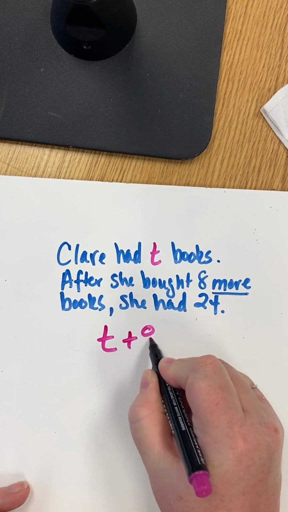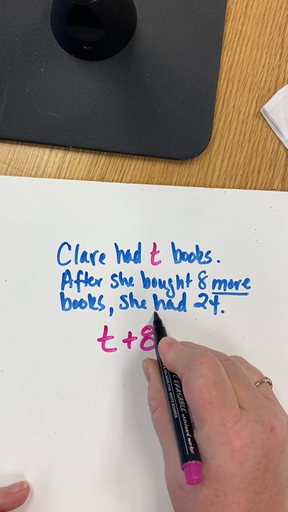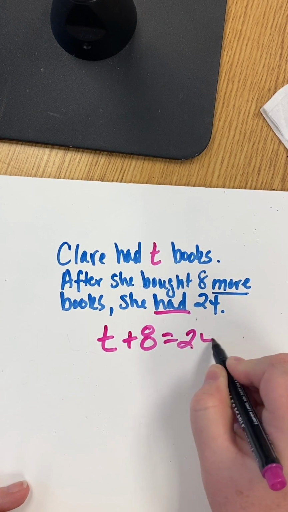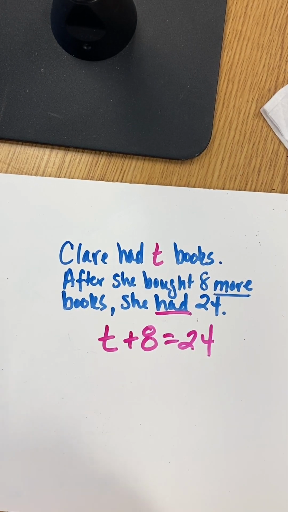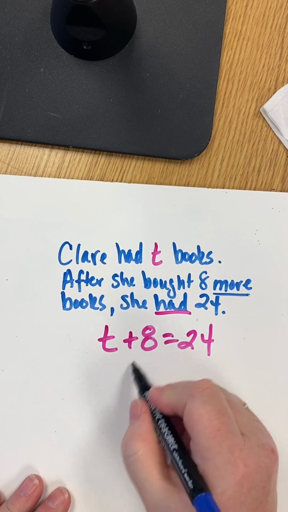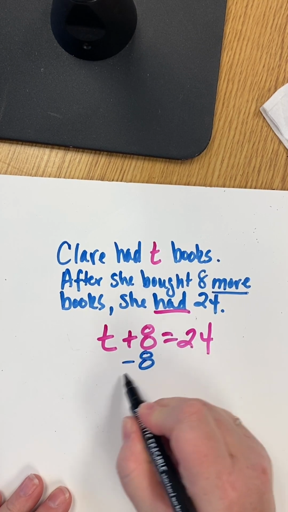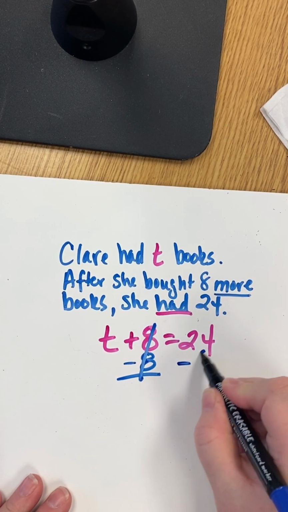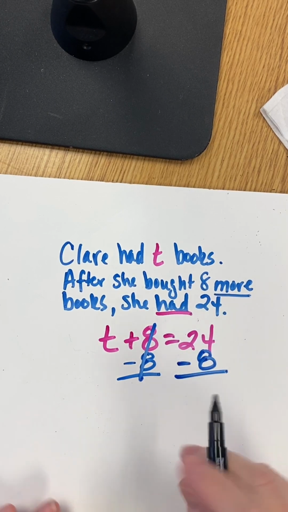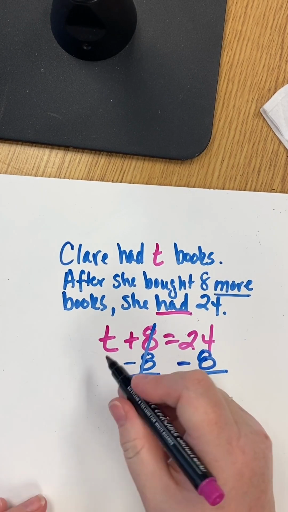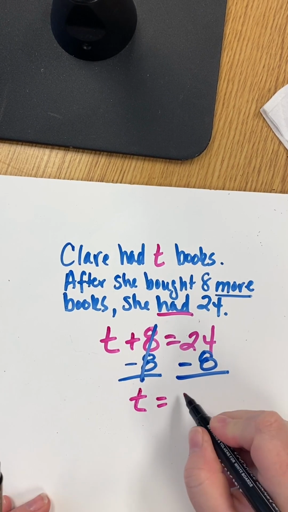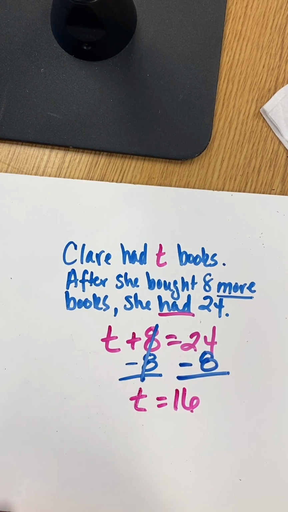I added 8 more. I had 24. So there's my equation. I'm going to do the inverse, so I'm going to subtract 8. Those cancel. I'm going to subtract 8. And so then that T comes down and it equals 16.